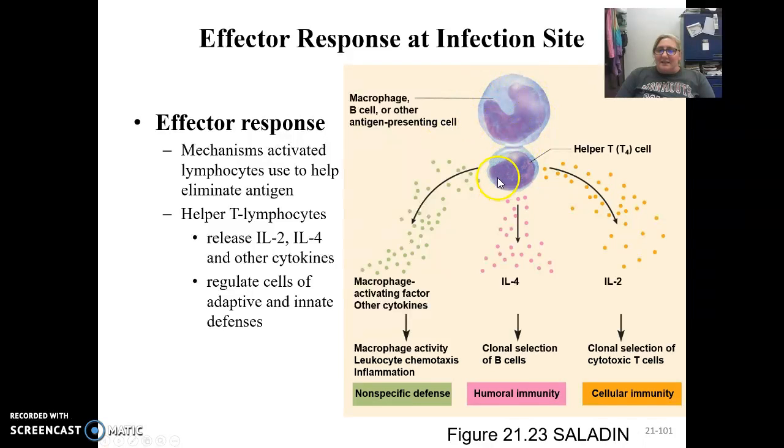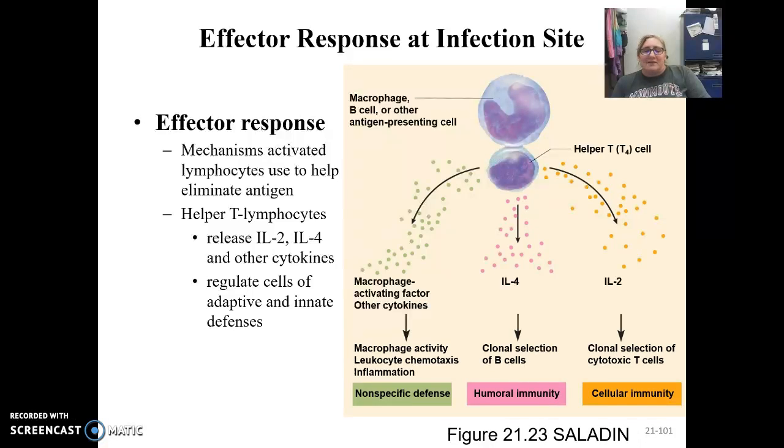Helper T cells not only help stimulate your immune response, so here's humoral and cell-mediated immunity, but they also stimulate nonspecific responses. So they release chemicals that cause fever. They release chemicals that cause an inflammatory response.